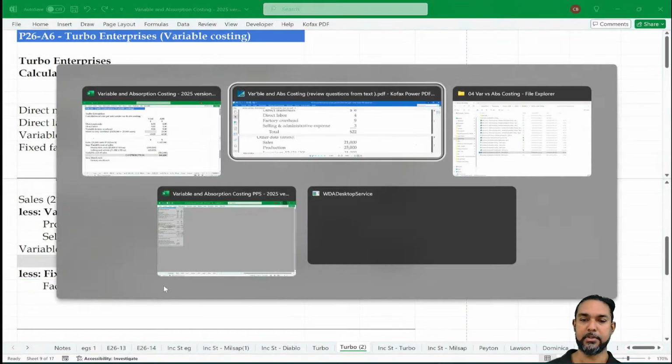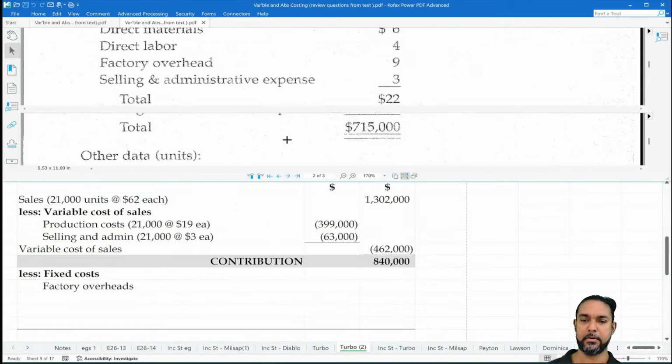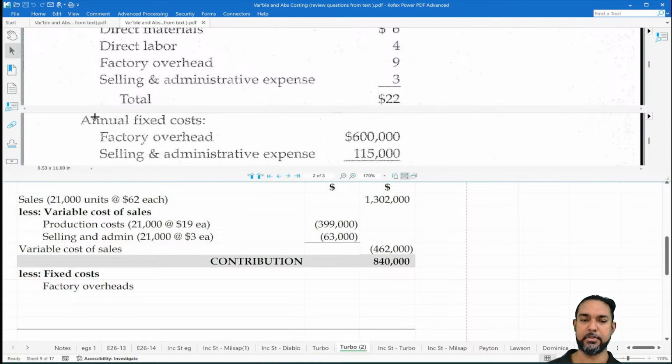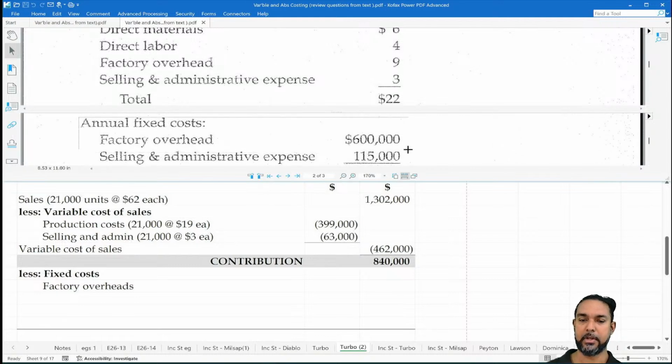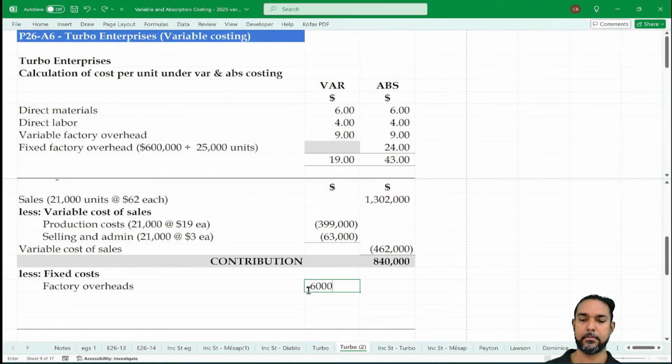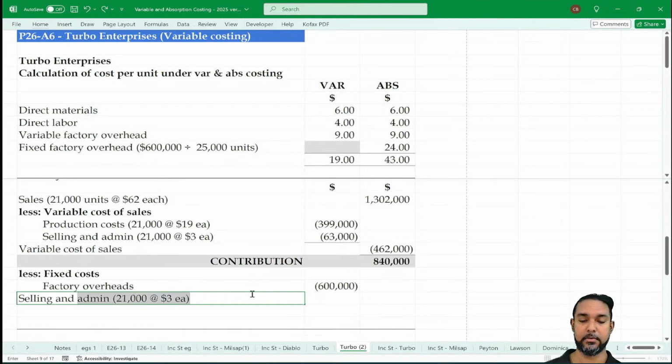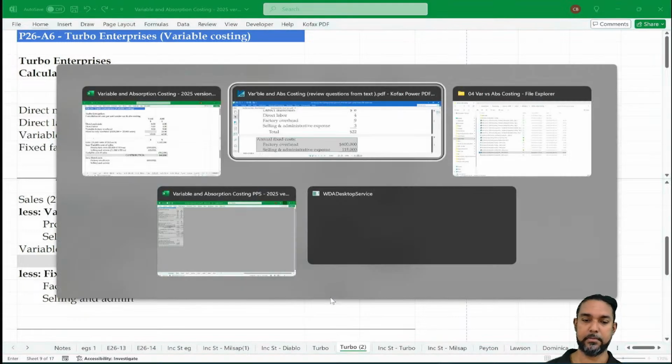The factory overheads was 600,000. Factory overheads is annual fixed costs, right? So that was 600,000 for the factory overheads, and the selling and admin, selling clearly, what was it? 115? Yeah, sorry, 115.